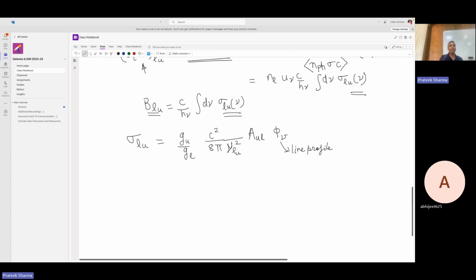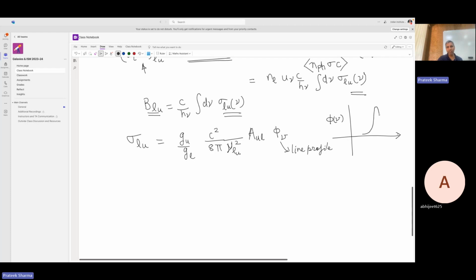So when you integrate sigma d nu, you just substitute nu equals nu naught wherever there is nu. But phi nu need not be a delta function. So schematically, it would look something like this.